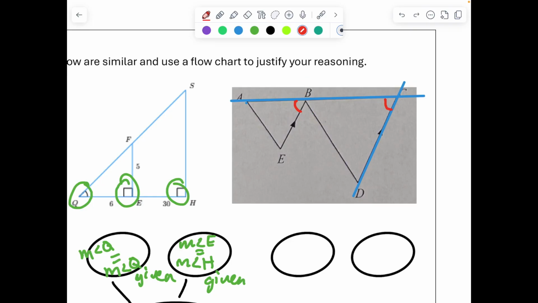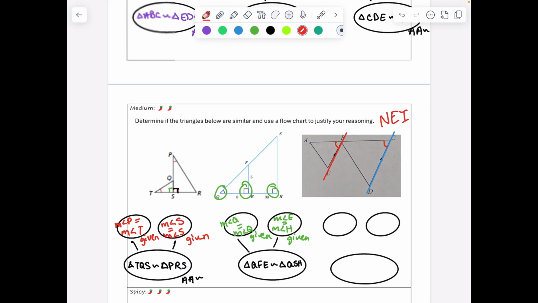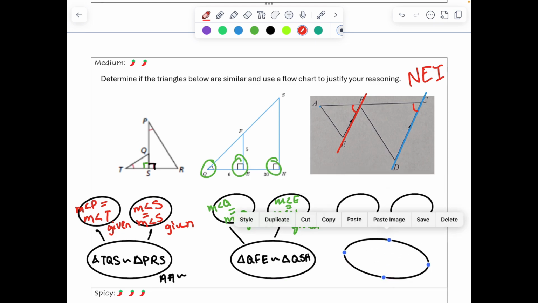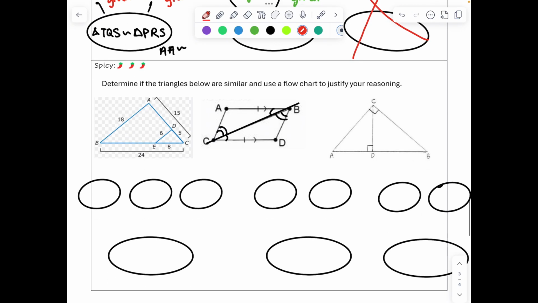That wouldn't be helpful. We actually don't have another pair of angles that we could say are similar here. So this is actually not enough information. They might be similar, but we just don't have enough information for that. So no proof for that one.